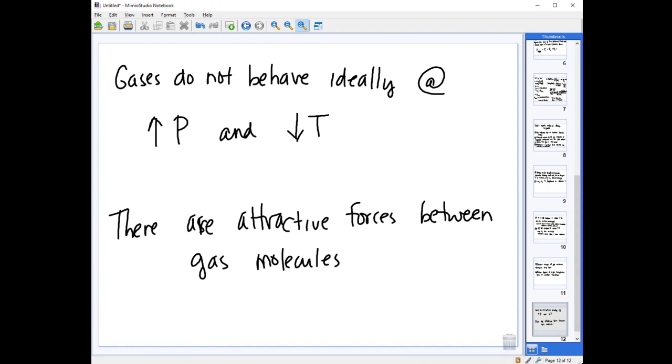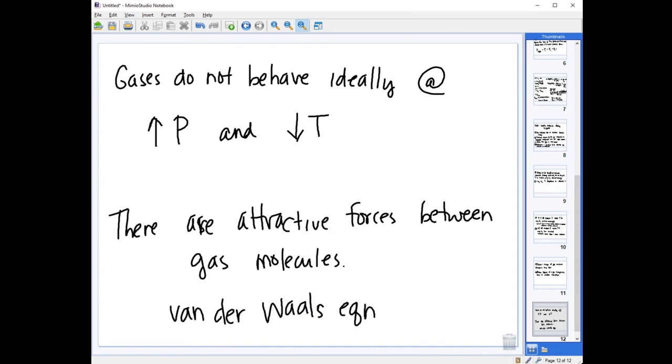Remember we said that we just disregard that, we pretend that there aren't. Well, there are. There are forces of attraction. And that is summed up with what we call the van der Waals equation. We're not going to get into it. We're not going to do anything with it. But we can measure the forces of attraction using the van der Waals equation.